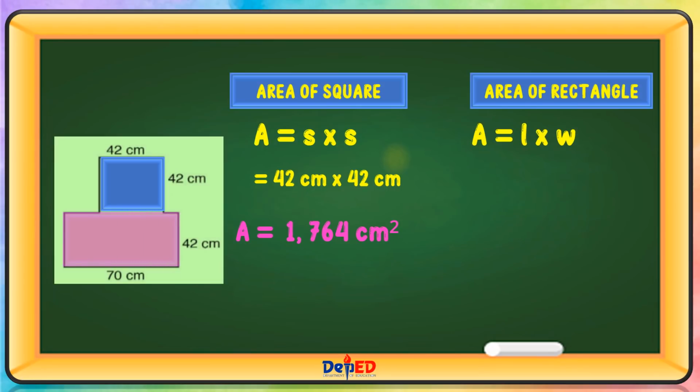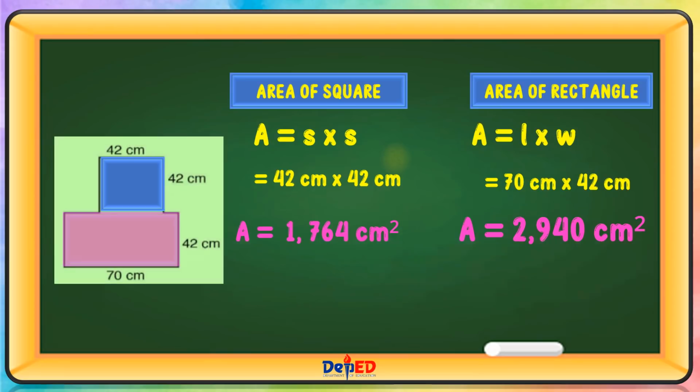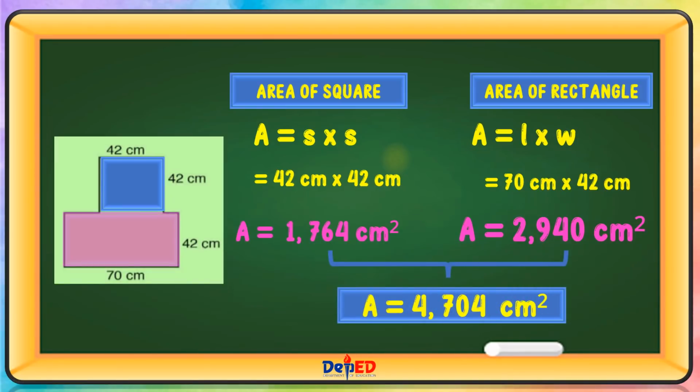Ang ating length ay 70 cm, ang width ay 42 cm. 70 times 42 equals 2,940 cm squared. 1,764 square centimeters plus 2,940 square centimeters ay 4,704 square centimeters.